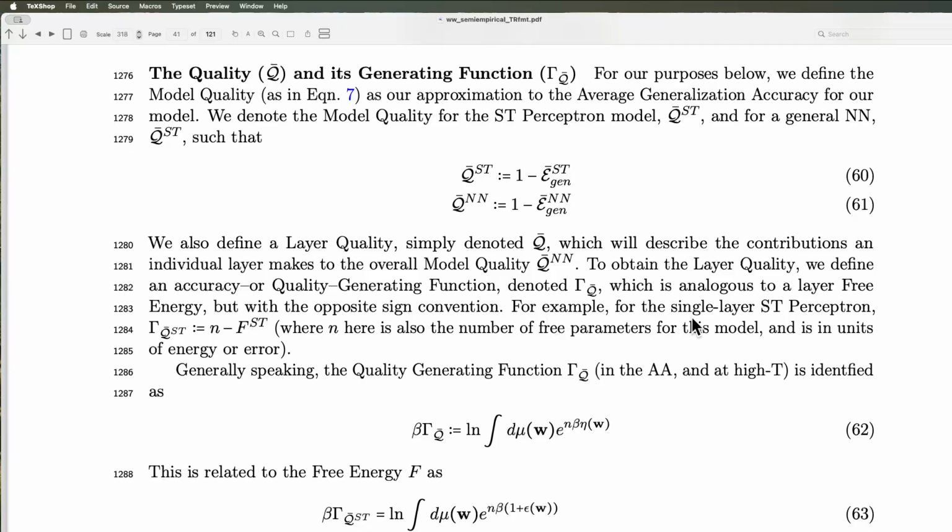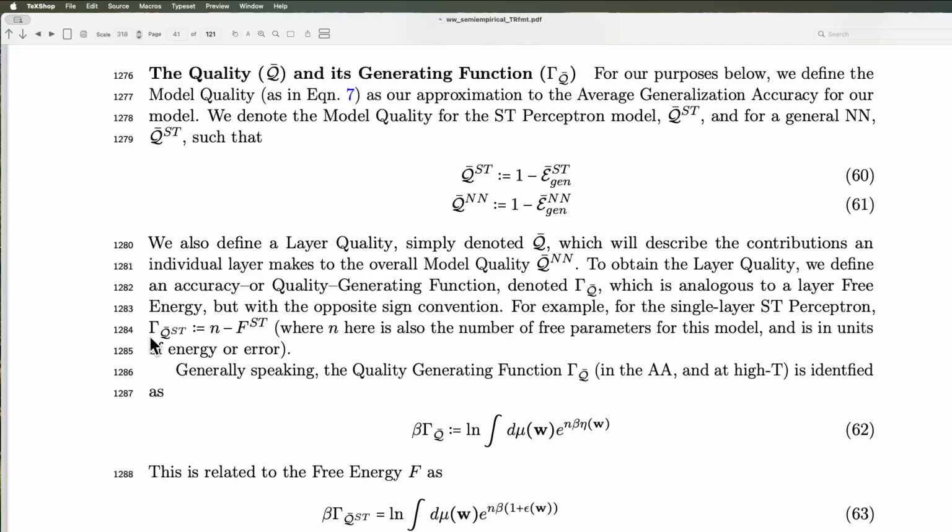So, for example, for the single layer student perceptron, the average Q is going to be N minus F, where N is the number of free parameters in the model, in units of energy. So why is it not 1? Here we have to be very careful on 1, 2, 8, 4.